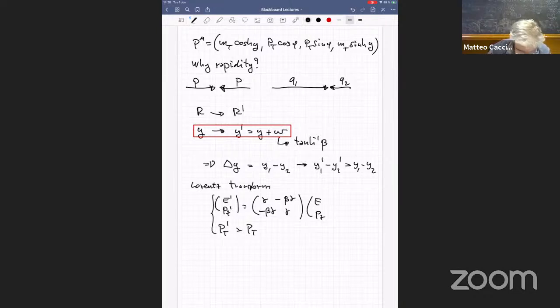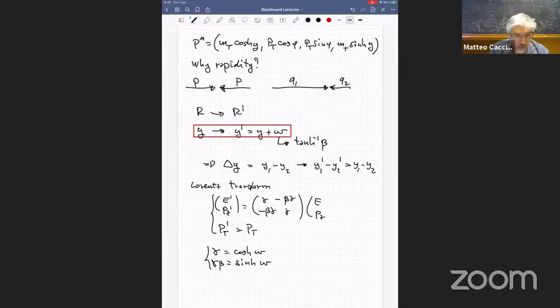And you can rewrite the gamma factor, the boost factor, as hyperbolic cosine of omega, and gamma beta as hyperbolic sine of omega. These are the well-known parametrizations of these quantities that you use in Lorentz transformations.